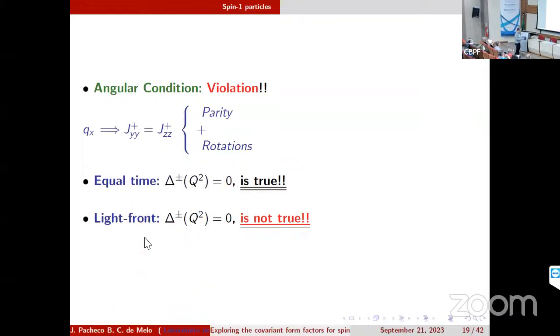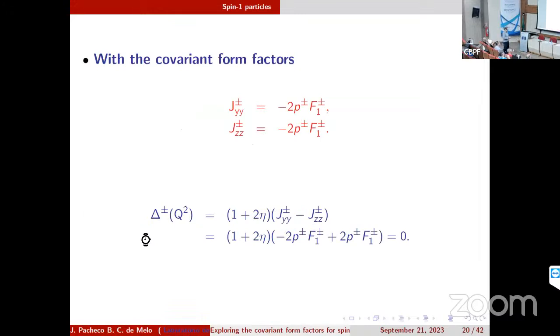It's not true. It's a long time ago, you know, Professor Gierman, people here, you know, it's not true. But if the form factors are really covariant form factors, F1 plus is equal to F1 minus. And you can plug in the angular condition the minus or plus elements of the current, and you obtain immediately 0, 0.